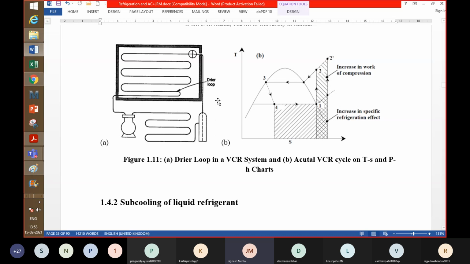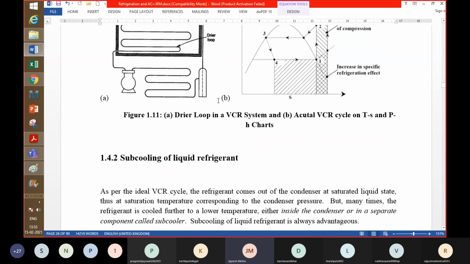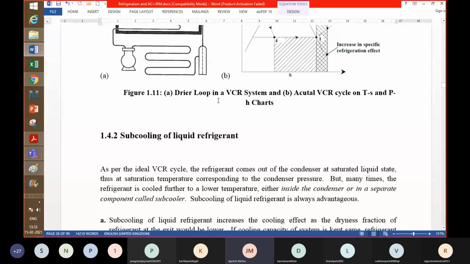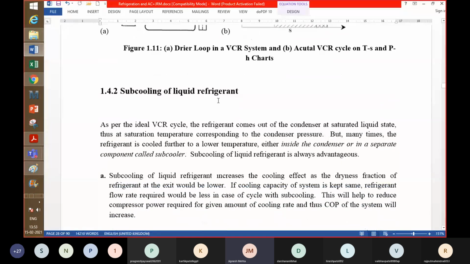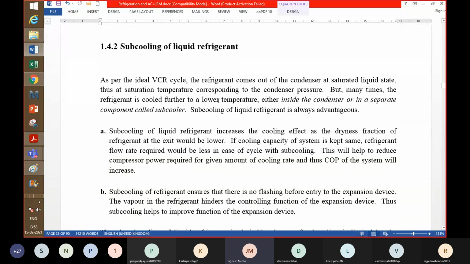Okay. Now we talk about the next deviation, and that is subcooling of liquid refrigerant. I already explained what subcooling of refrigerant liquid is when it comes out of the condenser.